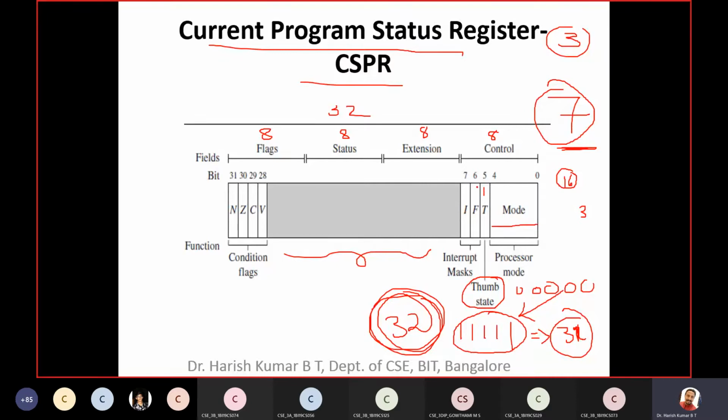If you make this bit 1, your ARM processor or ARM microcontroller operates in the thumb state. Don't say thumb mode, say thumb state. Understood, right?